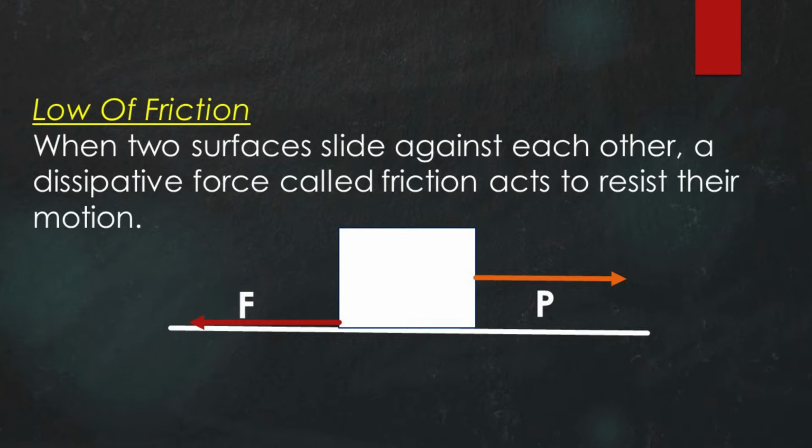The definition of friction is: when two surfaces slide against each other, a dissipative force called friction acts to resist their motion. Assume an object is located on a horizontal surface, and we are going to shift that object to the right with a force P. There is another force towards the other side, the left, called F. F is known as the friction force.